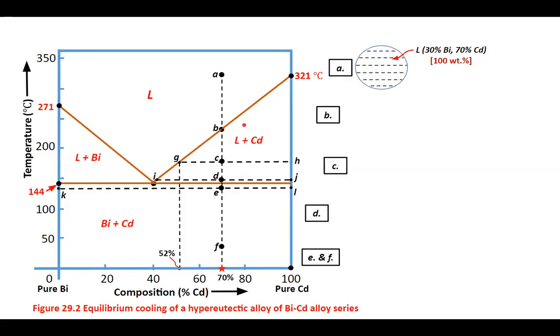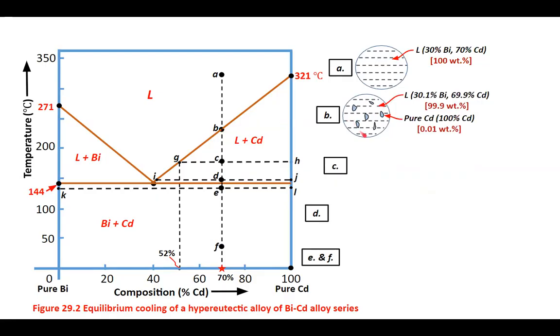If at point B we wish to see the microstructure, you can see that the bulk is still liquid, whose composition is now slightly changed compared to what it was at a temperature higher than the liquidus temperature. It is 99.99% by weight. The other characteristic thing you note is that the solid phase has appeared in the form of critical nuclei.